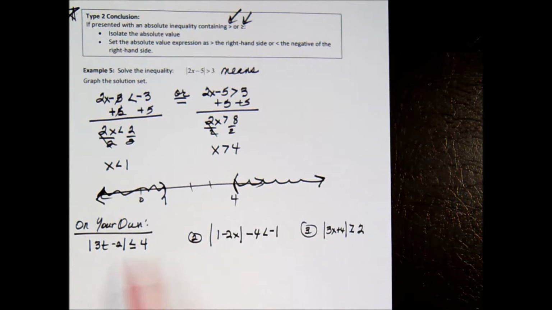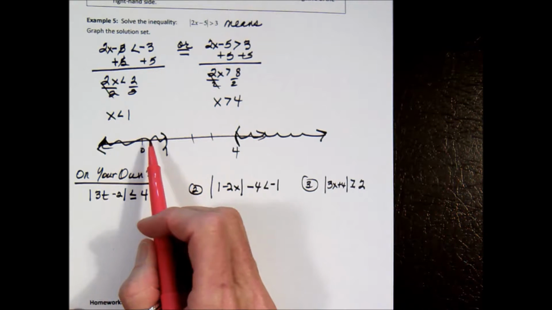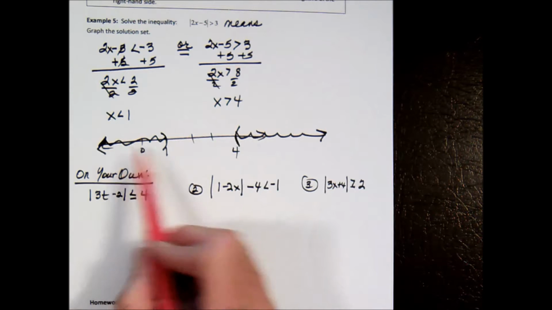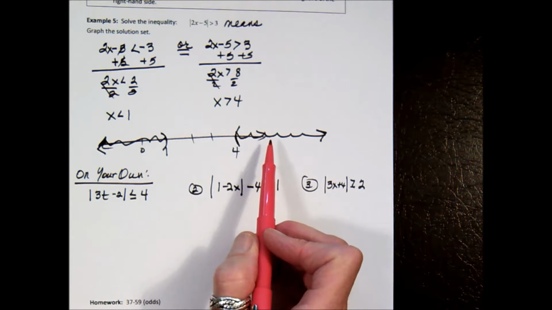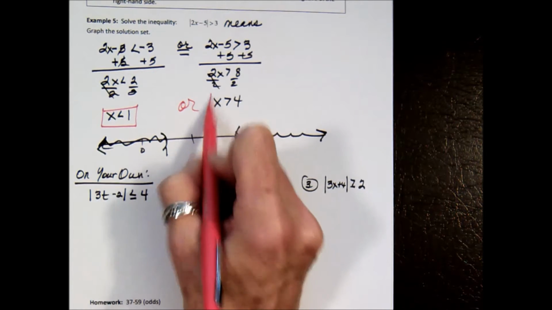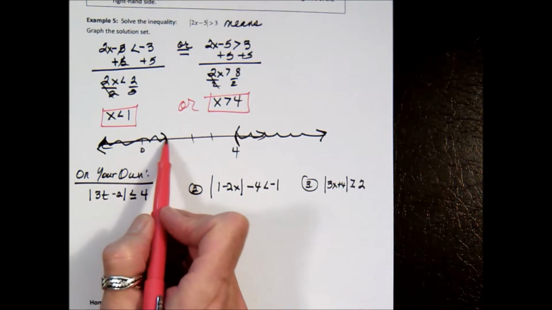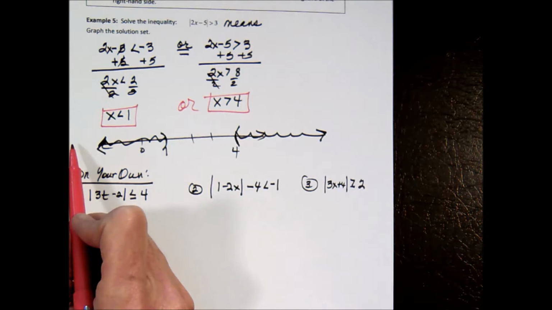All right, before we do these 3 on your owns that I gave you to try while you paused, let's go back to this one, because one thing that we did not show is how you write this in interval notation, and this is a little bit of a hard one. We know that x can be less than 1 or greater than 4. So to show that in interval notation, think about what is the furthest this goes on the left.